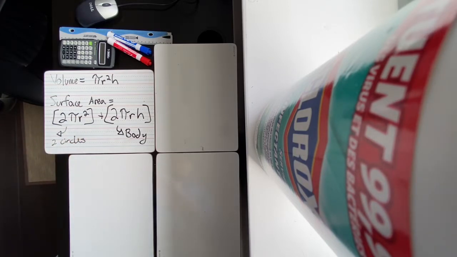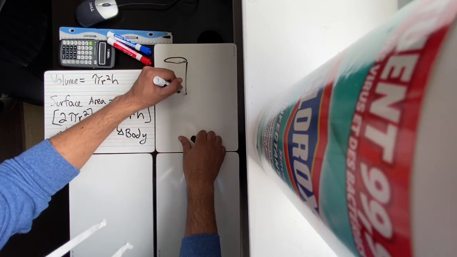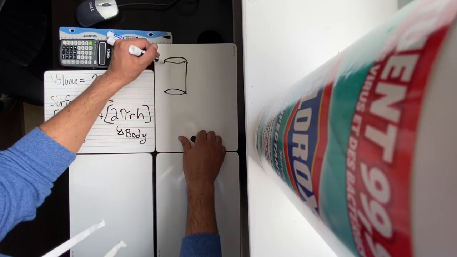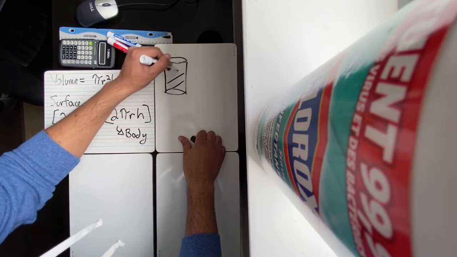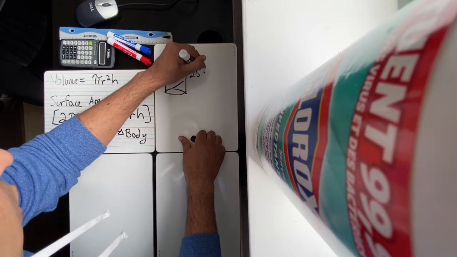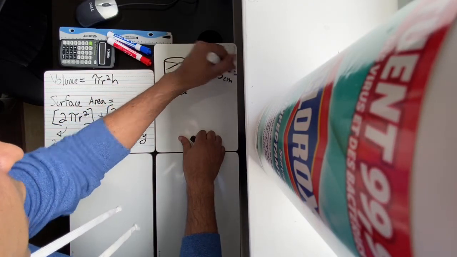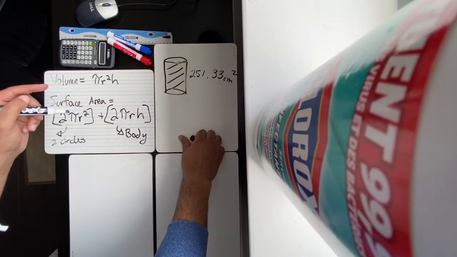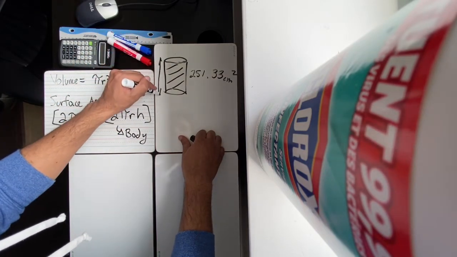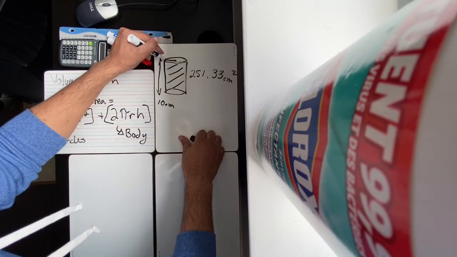It says that the body of a cylinder, so let's do a little diagram here. It says that the body of the cylinder is 251.33 centimeters squared. And it tells us that it's 10 centimeters tall. We want to find the radius.